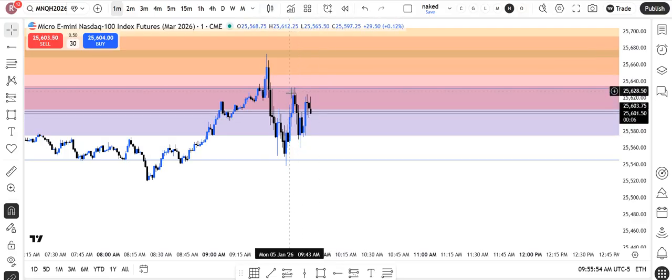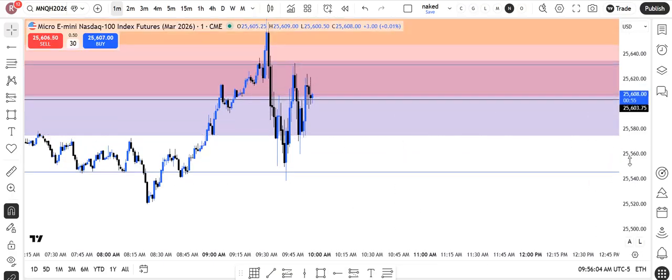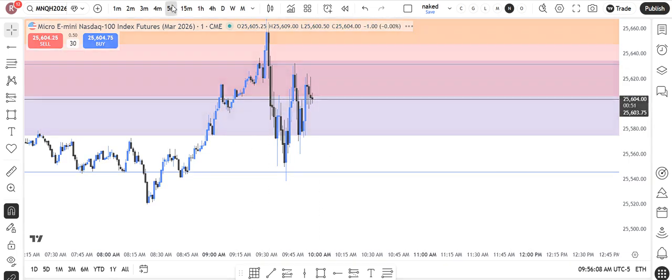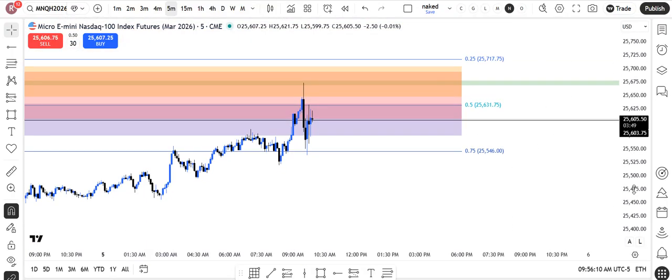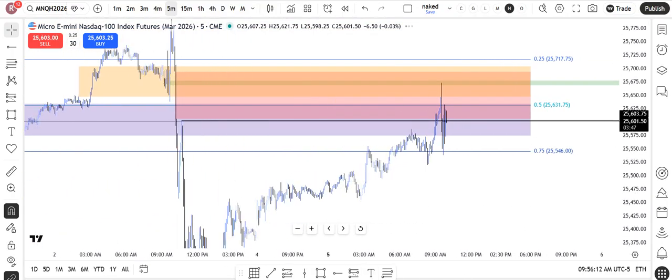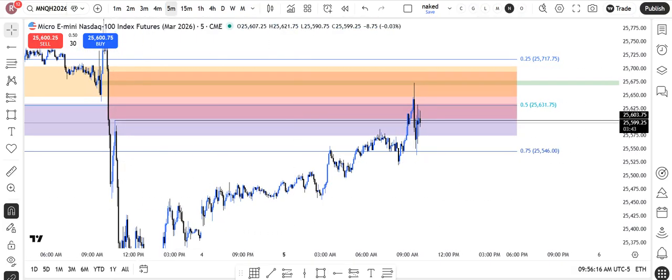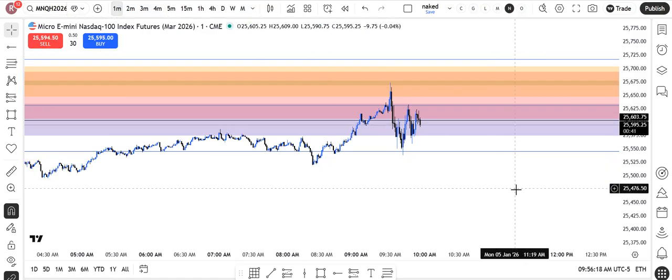So, it comes back up where? Midpoint of the daily wick. Gravitates down towards the bottom of this daily volume imbalance. Rallies back up above the original buy side that I had marked out on the 5-minute. Gravitating towards that.